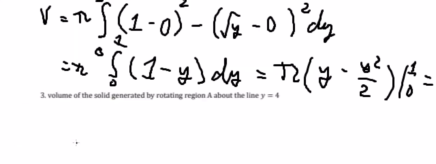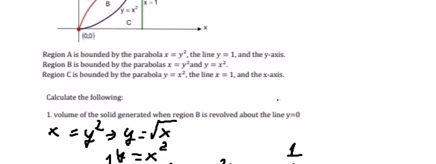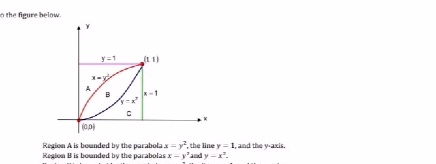The next one: find the volume of the solid generated by region A with the line y equal to 4. So this is y equal to 4, and this is region A. So y equal to 4 is above y equal to 1, and x equal to y squared.